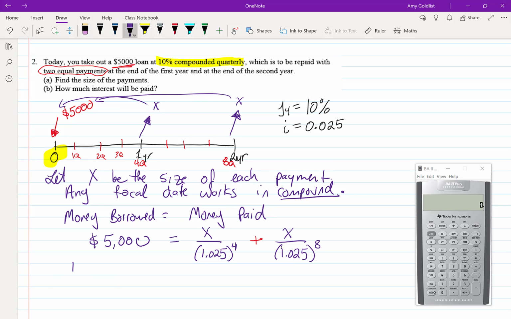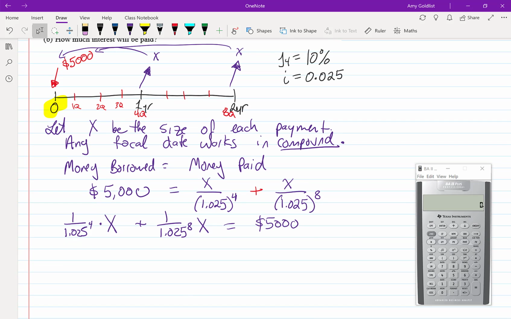I'm going to note that X over 1.025 to the 4 is kind of like this fraction times X. And now I'm going to use the calculator. 1 divided by 1.025 to the power of 4.